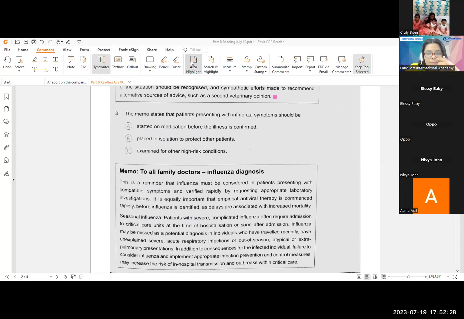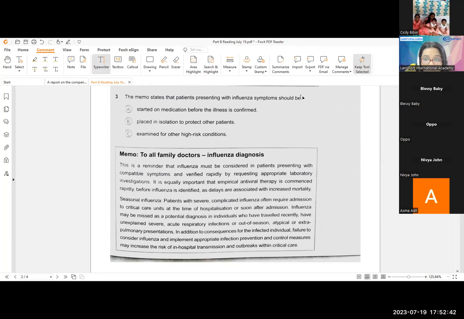Okay, ma'am. The memo states that patients presenting with influenza symptoms should be. Okay, let me tell you one thing. I think last week or the week prior when we were discussing, I talked about handling an incomplete question that ends with should. Now we have a question that ends with should be.